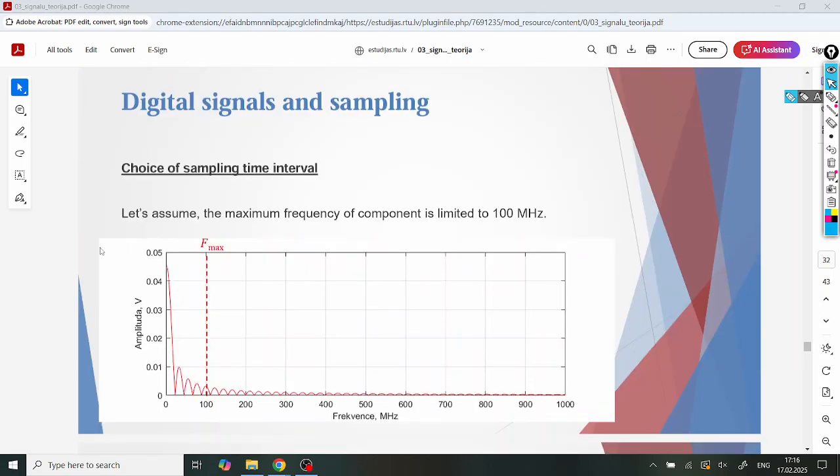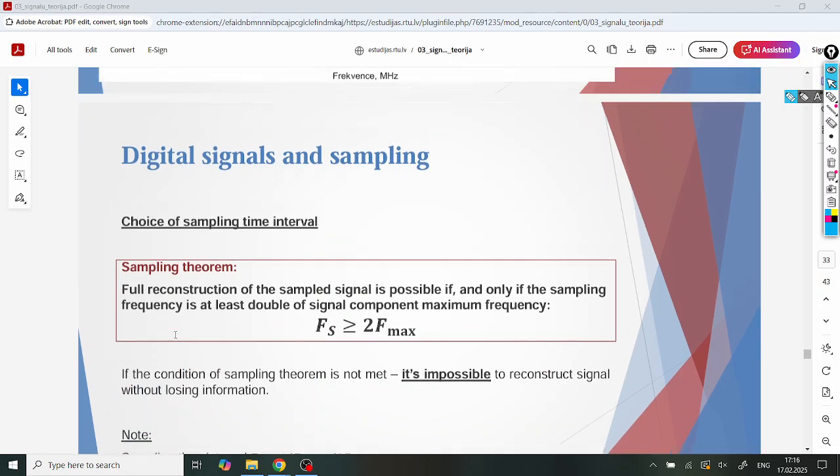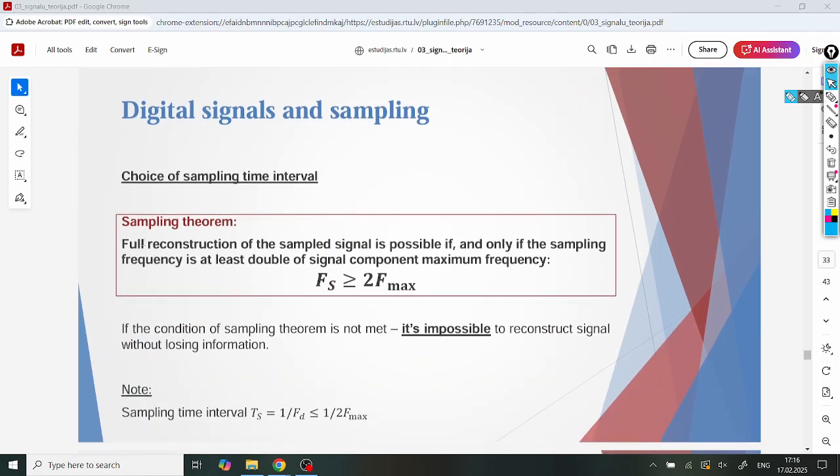At this point, let's go through it like this. We say this is our maximum frequency according to the sampling theorem, the Nyquist criterion. We have to choose then at least 200 megahertz minimum. We can choose more if we want to, but it's not necessary. But if you choose less, then sadly, you will not be able to recover that kind of signal.